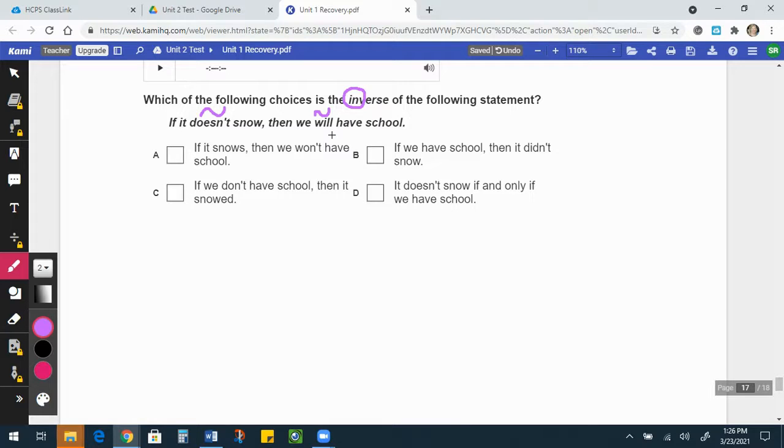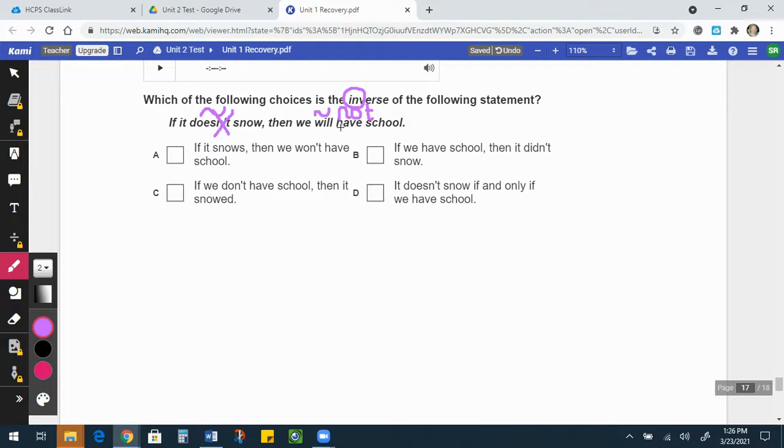All right, so let's see. If it doesn't snow, that already had the not in there. So when we negate it, we take it out. We'll go ahead and cross that out. The not goes away. Then we will have school. If I negate that, it would be then we will not have school.